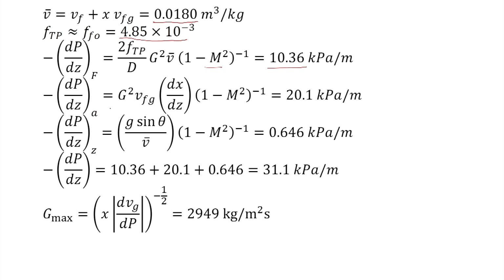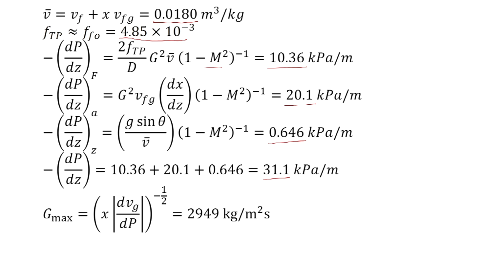The acceleration pressure gradient is calculated as 20.1 kilopascal per meter. The gravitational pressure gradient is calculated as 0.646 kilopascal per meter, and we add all these three pressure gradients and get 31.1 kilopascal per meter as the total pressure gradient.